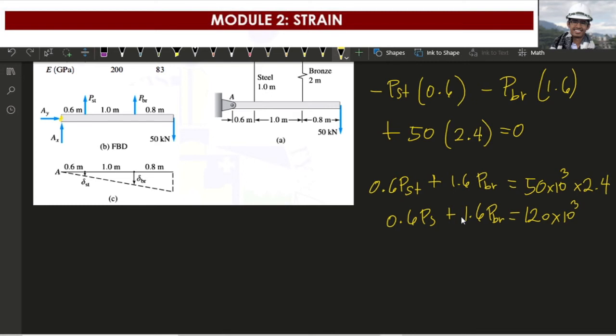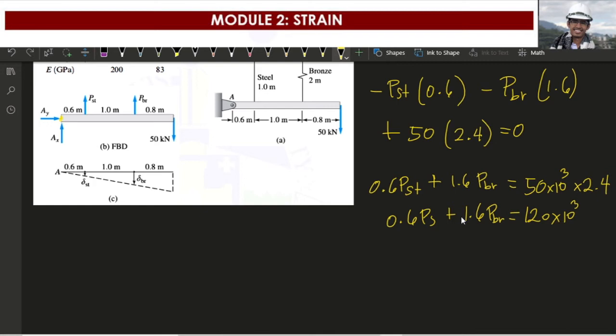Okay? So makakabuo tayo ng triangle. So eksahe lang natin na ganyan. Magiging parang triangle yung itsura niya. Yung from the original position, so bababa yung ating pinakadulo due to the 50 kilonewton. And meron tayong deformation ng bronze and deformation ng steel. Okay? So kung makikita nyo, nakabuo tayo ng triangle. So we can use the properties ng ating triangle, similar properties.